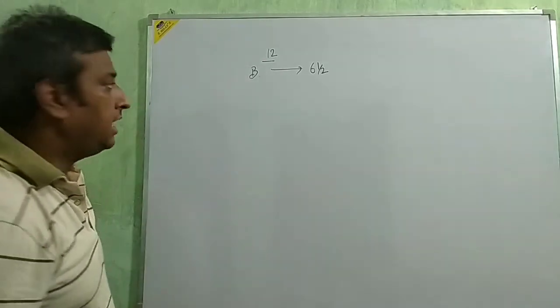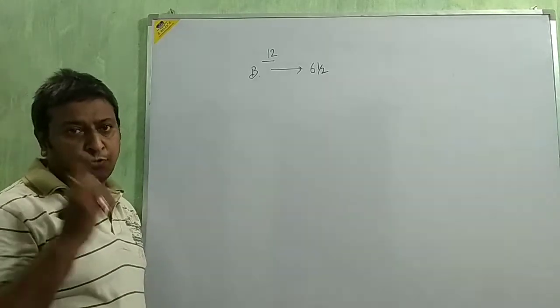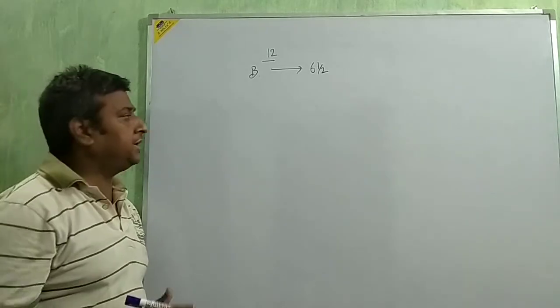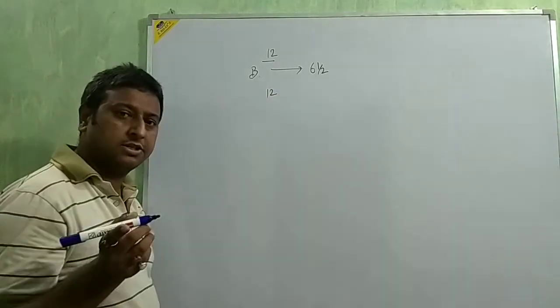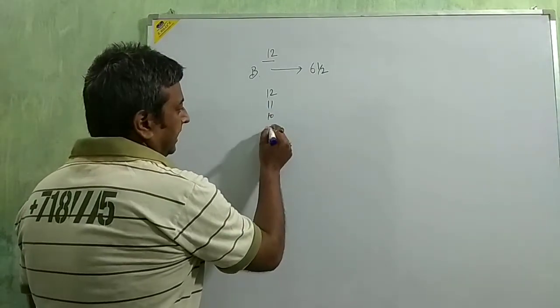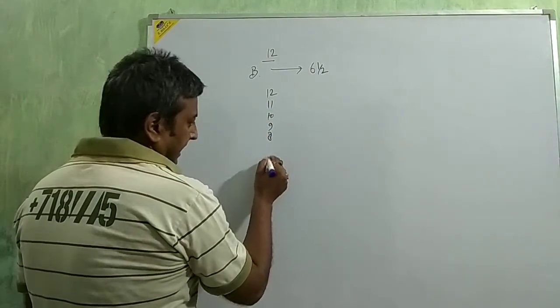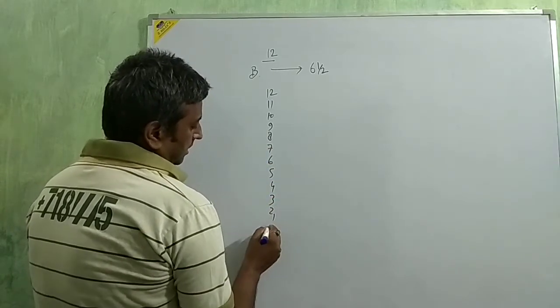Just see. If we are calculating every month's first day, at the start of the year, so 1st January, if we are calculating 12 months up to 30 March, then 11 months up to 30 March, then 10, then 9, 8, 7, 6, 5, 4, 3, 2, 1. Okay?